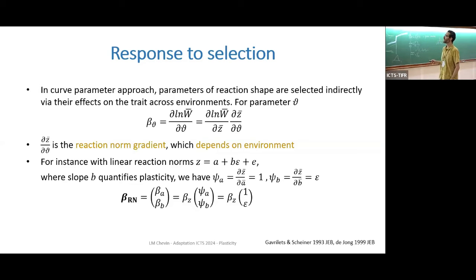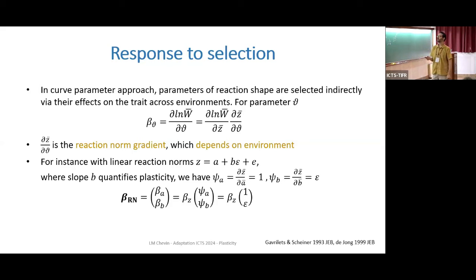So if you have this linear reaction norm where B, the slope, quantifies plasticity, then the derivative relative to the intercept is 1, and the derivative relative to the slope is the environment actually. So you have to take the derivative of the reaction norm relative to its parameters. And this is what we're using a lot in this approach I described with Pierre. So we base lots of things on that.